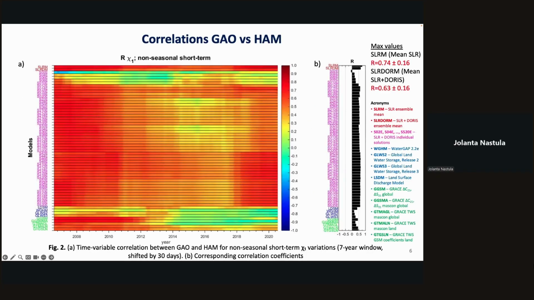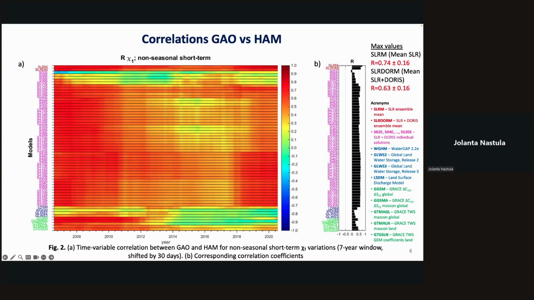This is an example of correlation analysis for the case of K1, non-seasonal shorter variation. On the left is time-variable correlation, on the right the corresponding global correlation coefficient. We start from results based on two mean models, then we see results for individual solutions, starting from a small number of harmonics and EOFs.